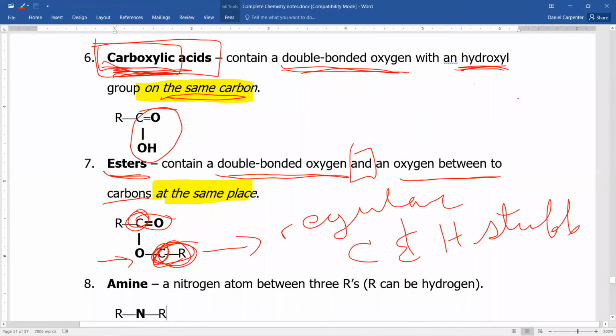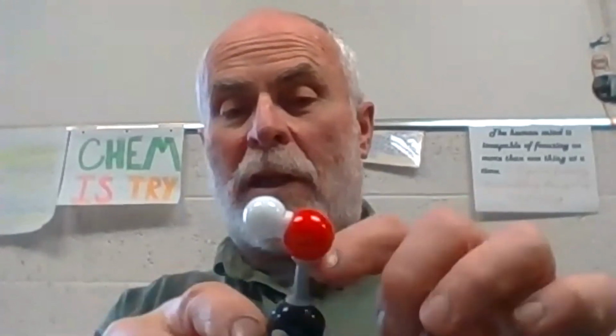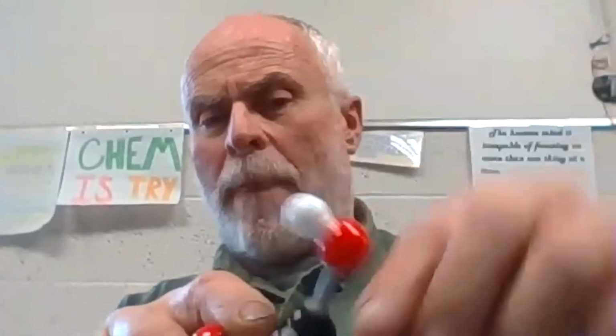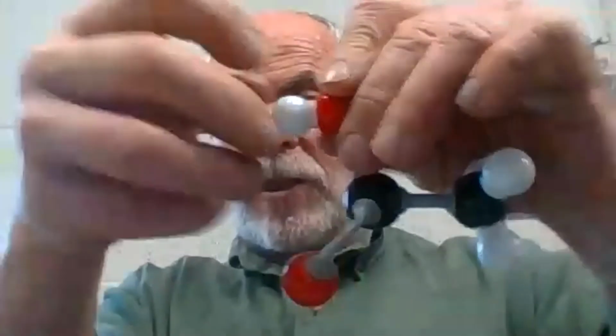So let's see, back to the camera. If we take this hydrogen off, we have an O attached to a carbon, and we've got a double bonded O on the same carbon. If we take this off and put a carbon, and it needs another hydrogen to fill up that hole, it has to have four bonds.